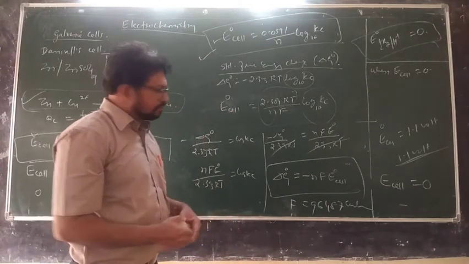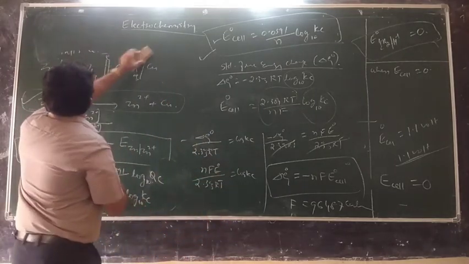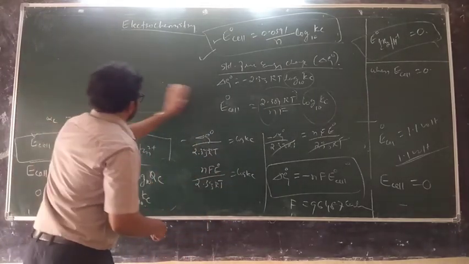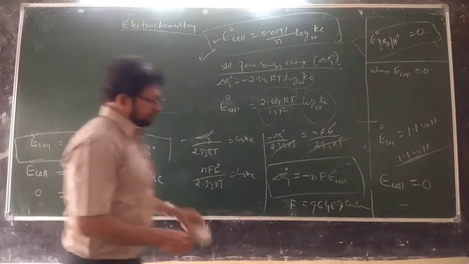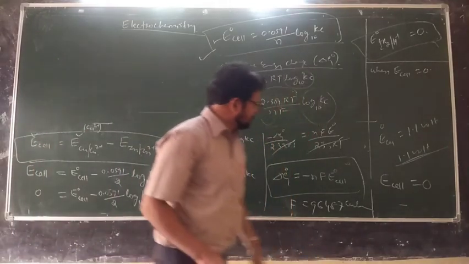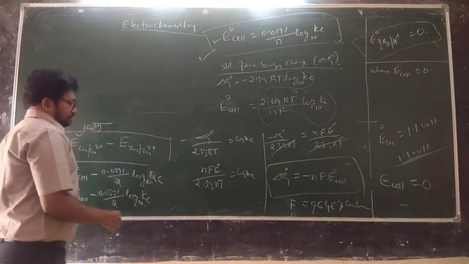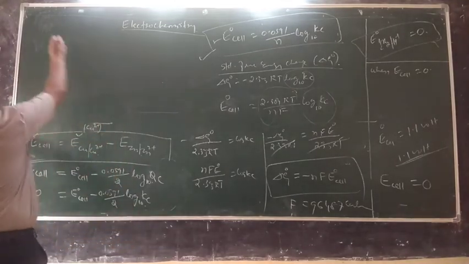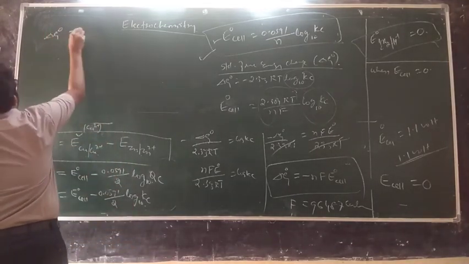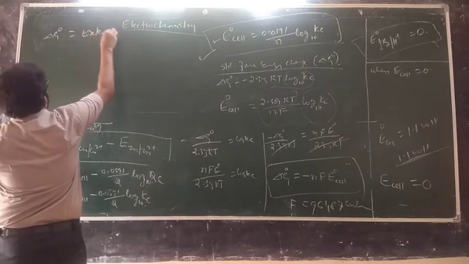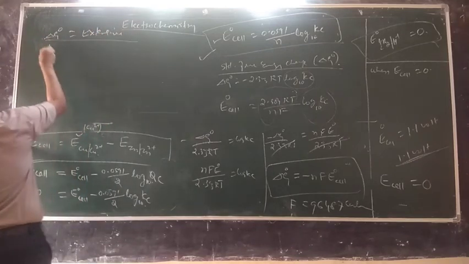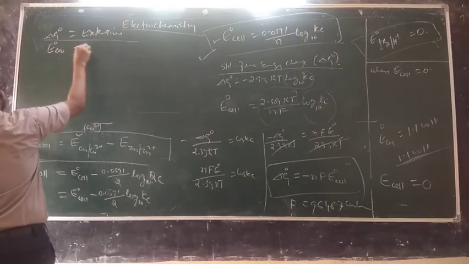Now, only one thing based on this. Suppose, you see, delta G naught is an extensive property which depends on the quantity of matter, but E naught of the cell is an intensive property.